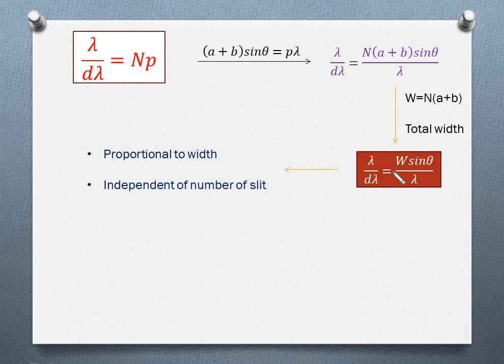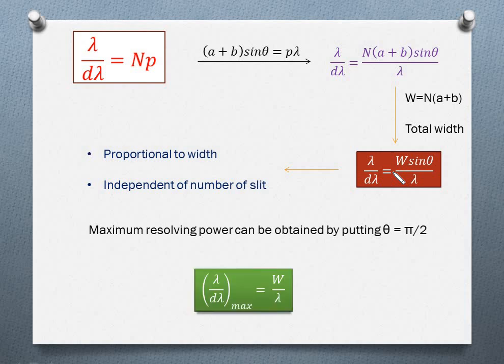The maximum resolving power you can achieve is obtained by substituting sine theta equals 1, because the maximum value of sine theta is 1. Then the maximum lambda by d lambda is nothing but w by lambda.